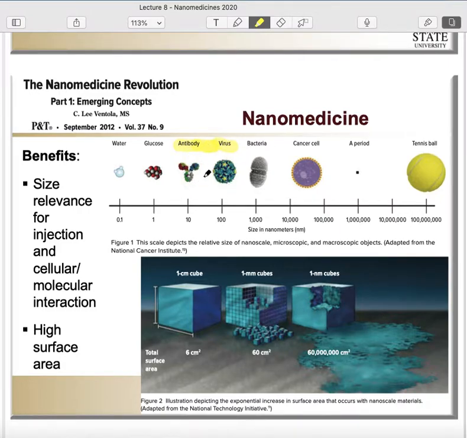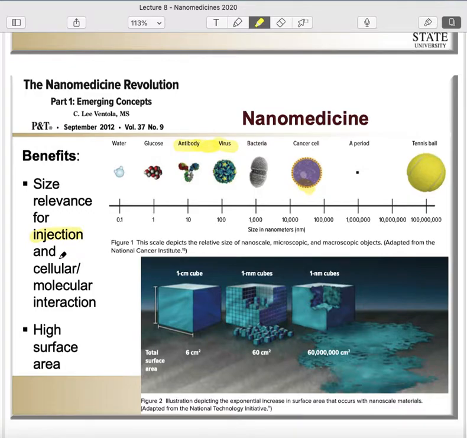Of course, this size range is smaller than most of the cells in our bodies, which are going to be in the order of micrometers, something like 10, 20, 50 micrometers in size. And so nanoparticles are relevant for biomedical applications because they're small enough that they can be injected.